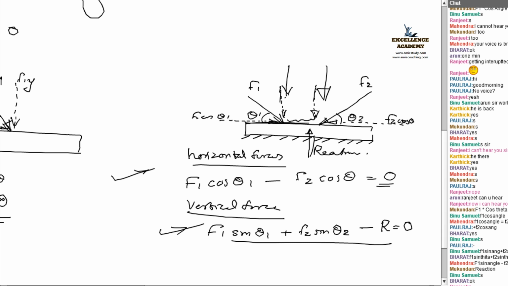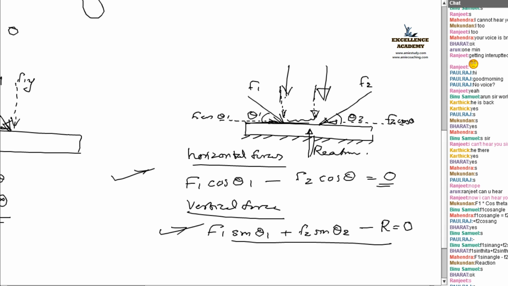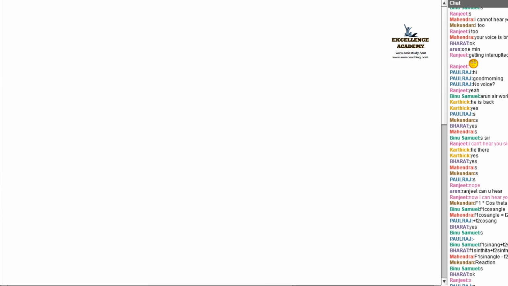Okay, fine. Next is how we can find out the resultant of two forces. In the previous class, we already discussed how we can find the resultant. Again, some more methods are there to find the resultant of forces. The first one is the parallelogram law method.